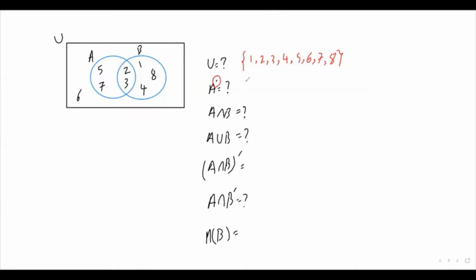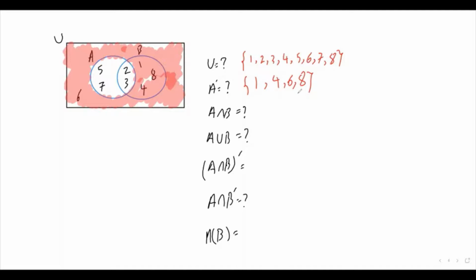A complement, that would be anything but A. So maybe I can shade it for you guys. Anything outside A that is in the universal set. So anything outside A, that would be the complement, right? And that means 1, 4, 6, 8, if you want to write them in increasing order.